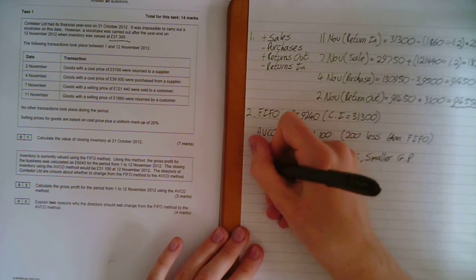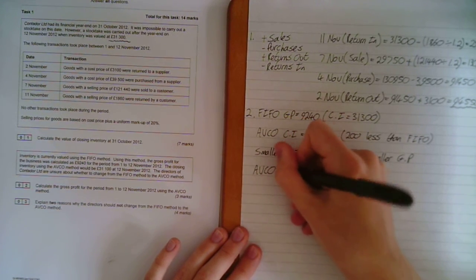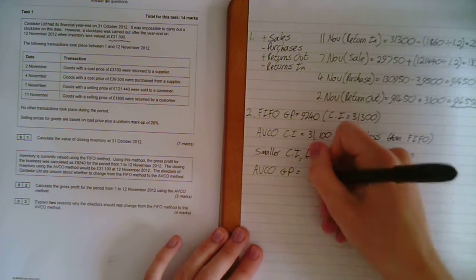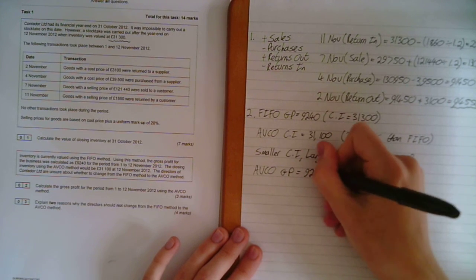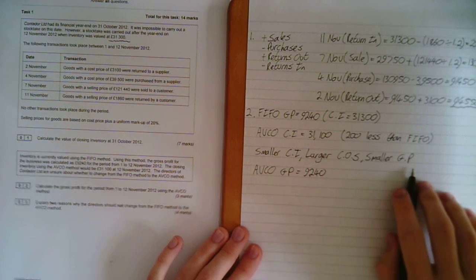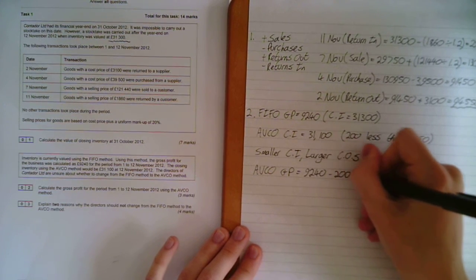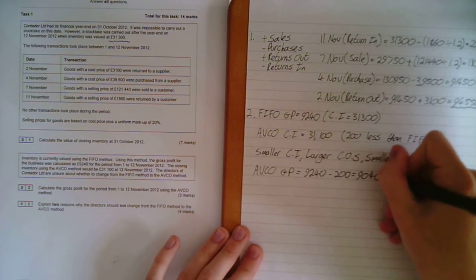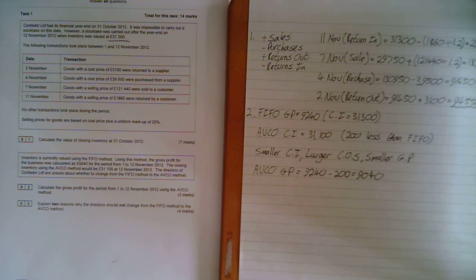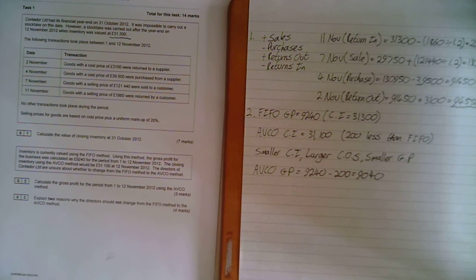So simply our AVCO gross profit is just going to be the FIFO gross profit, but just smaller. By how much? The difference, 200, which is 9040. And that's it. That's 3 marks.